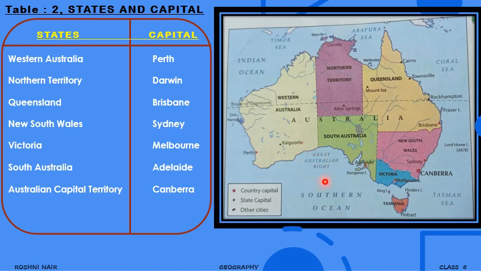Next is Australian Capital Territory, and the capital here is Canberra. Last one, island state of Tasmania, and the capital is Hobart. So these states and capitals, as I mentioned, you have to learn by heart. It is important.